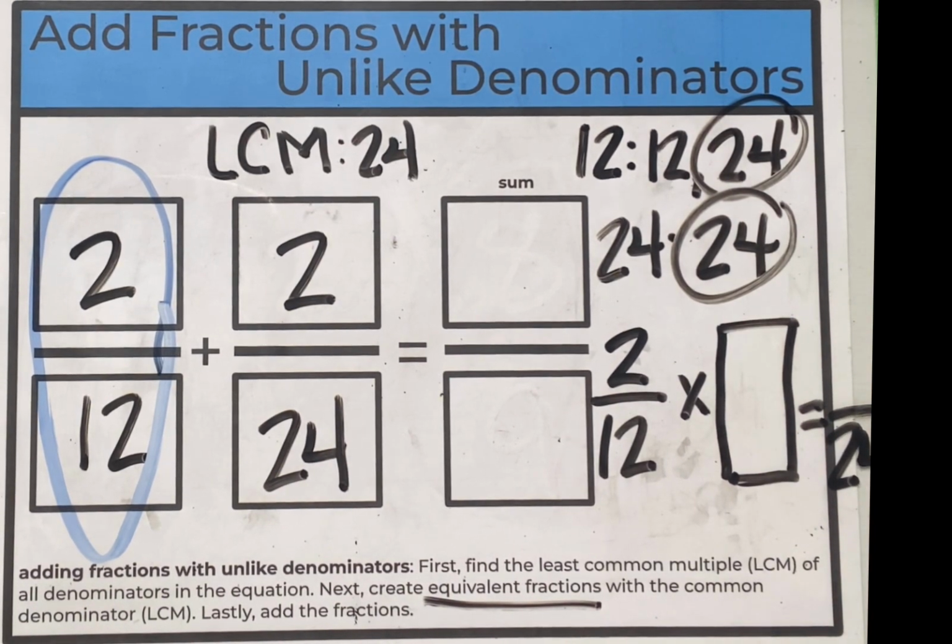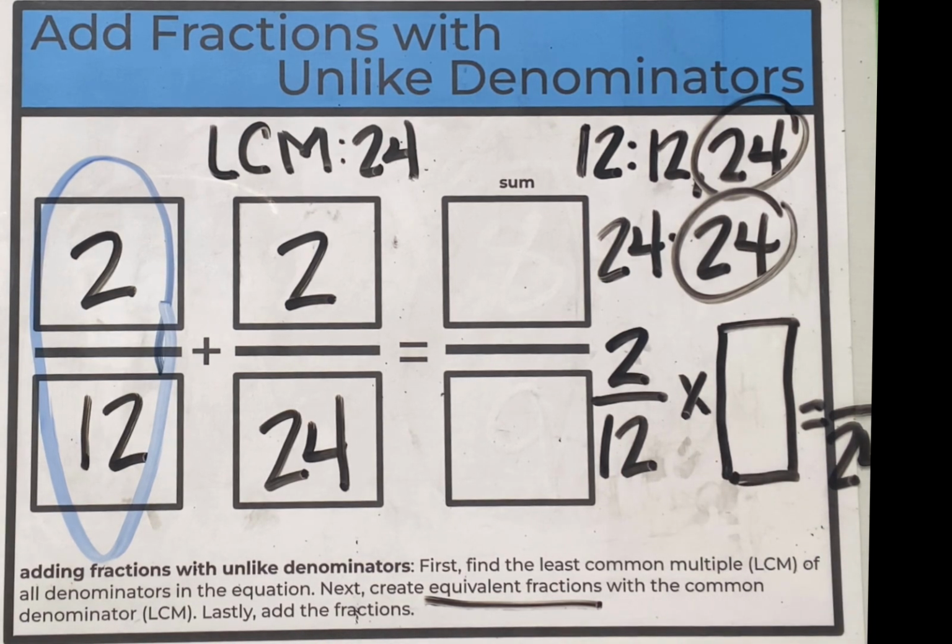24. All right, now ask yourself, 24 divided by 12 is what? Or 12 times what gives me 24? We're in 5th grade. We know our facts. 12 times 2 is 24. And whatever I do here, I have to do also in the numerator, right?